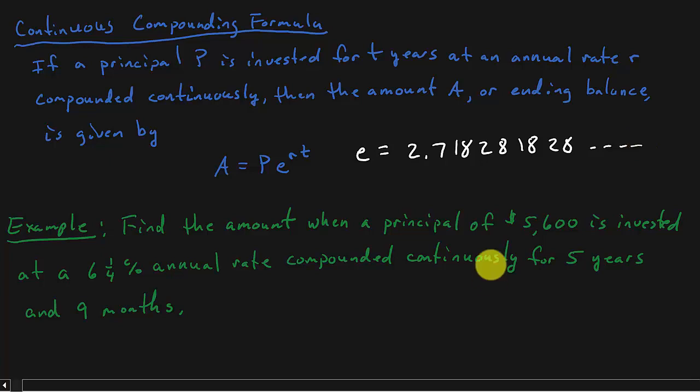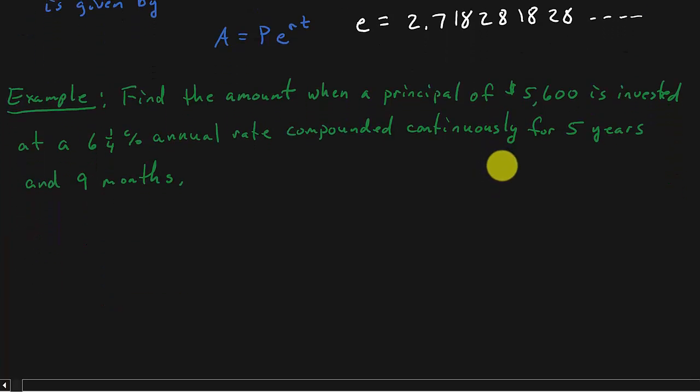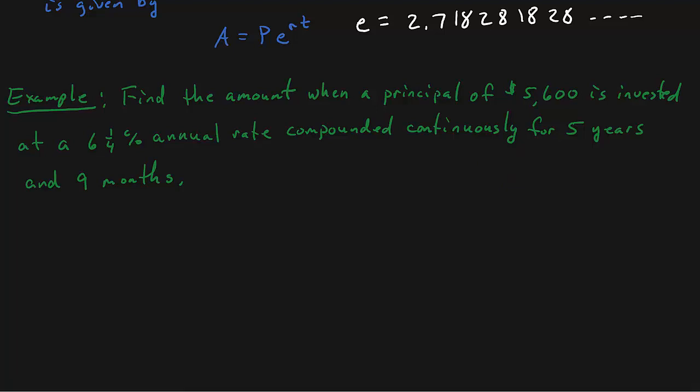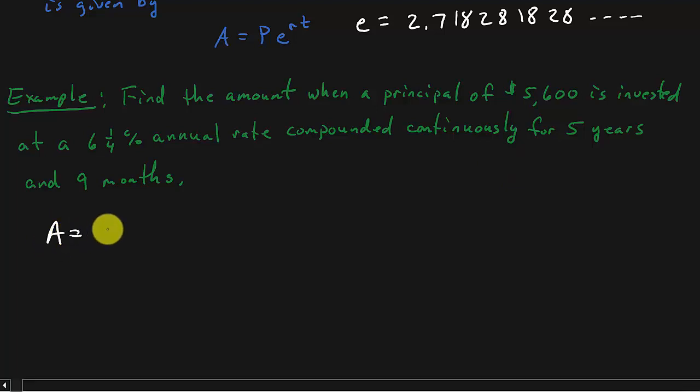All right, so for this one, let's find the amount when a principal of $5,600 is invested at a 6.25% annual rate, compounded continuously for 5 years and 9 months. All right. So let's look at this. We've got A is equal to P e to the RT.